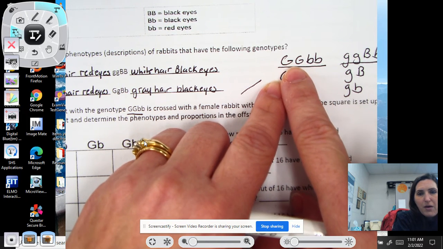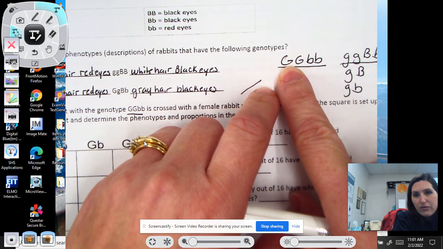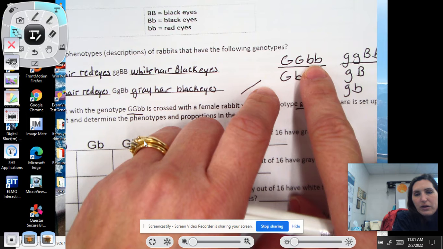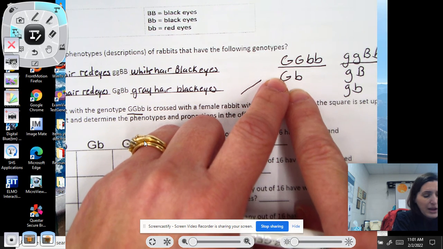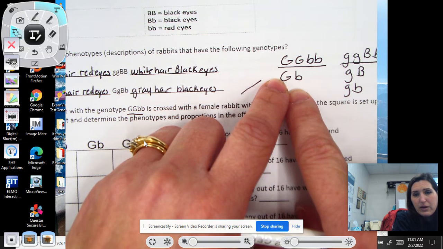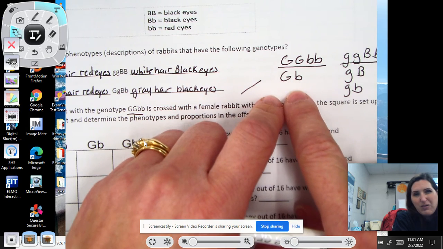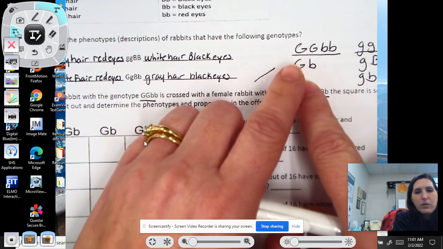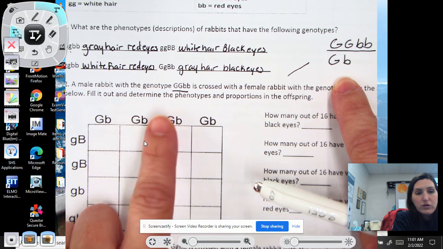So every offspring is going to inherit a big G because that's all he has to give. And everyone is going to inherit a little b. That's it. Now I could write this 4 times because there is 4 eggs or 4 sperm in meiosis, but I just really have to write it once. Okay, so that's what they've done over here, and they've written it 4 times. So 1, 2, 3, 4.